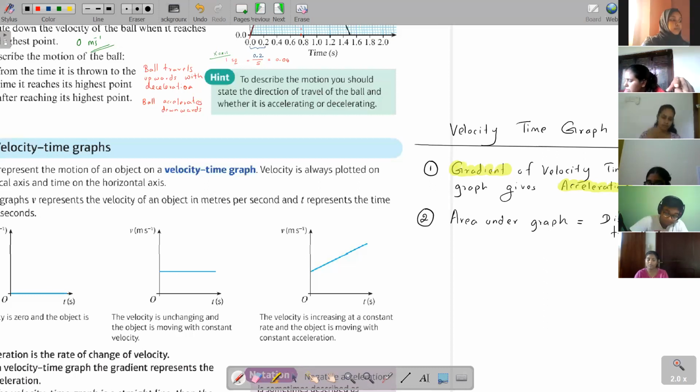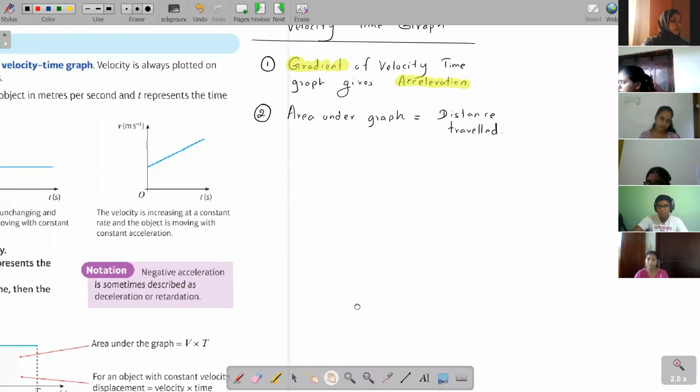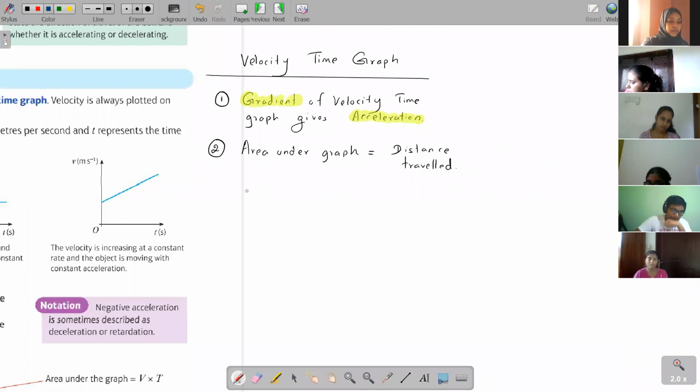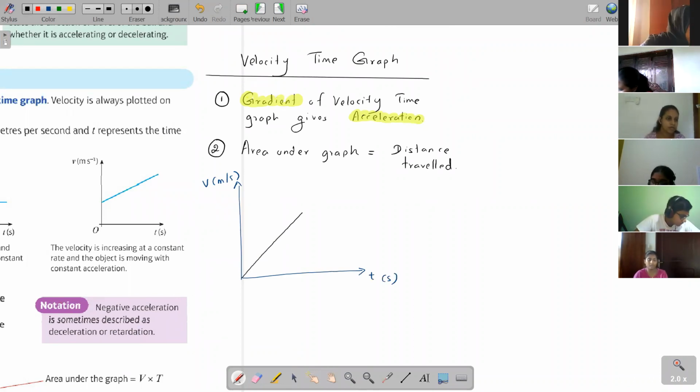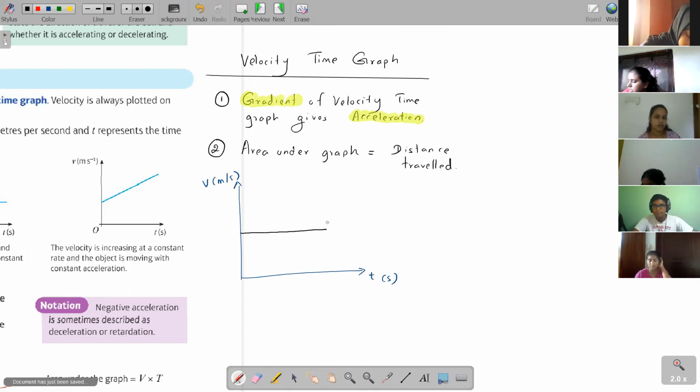I'm going to give you a few graphs and you are going to attempt to interpret them. Tell me what each and every graph means. Time, velocity: velocity measured in meters per second, time measured in seconds. This is the first graph. Think about the gradient and give me the answer.